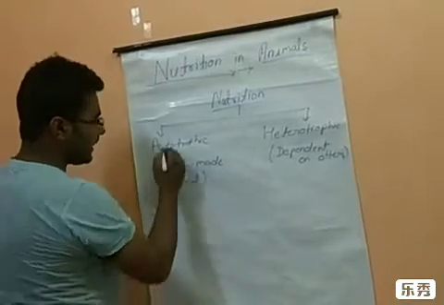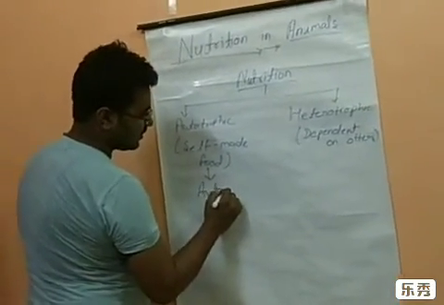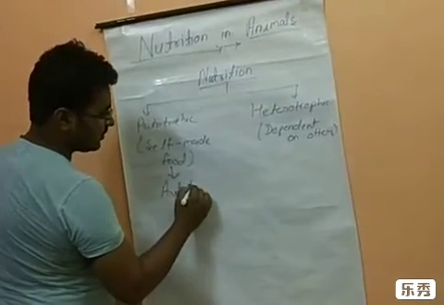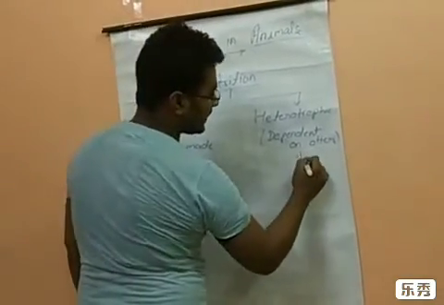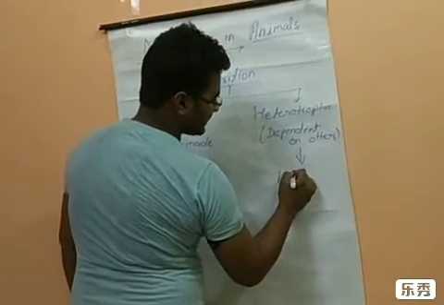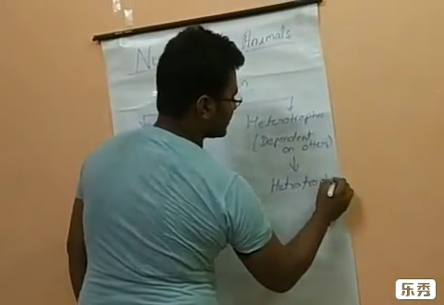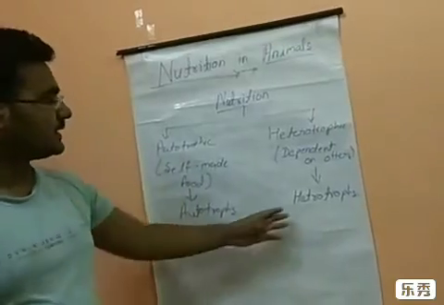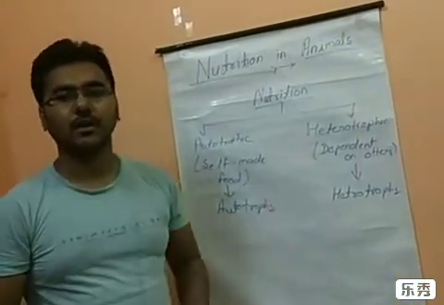The first one is autotrophic and the organisms are autotrophs. The second one is heterotrophic and the organisms are called heterotrophs.